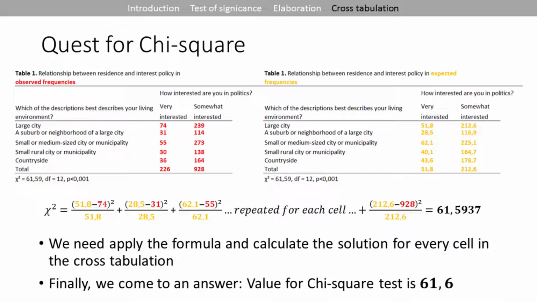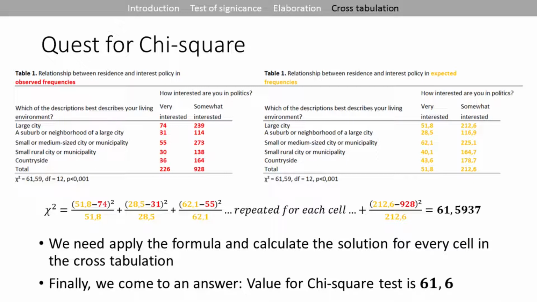So this one is calculated as I have presented, and finally we come to the answer that the value for the chi-square test is 61.6. And now you are probably having a question, and the question is, of course, what is the 61.6?